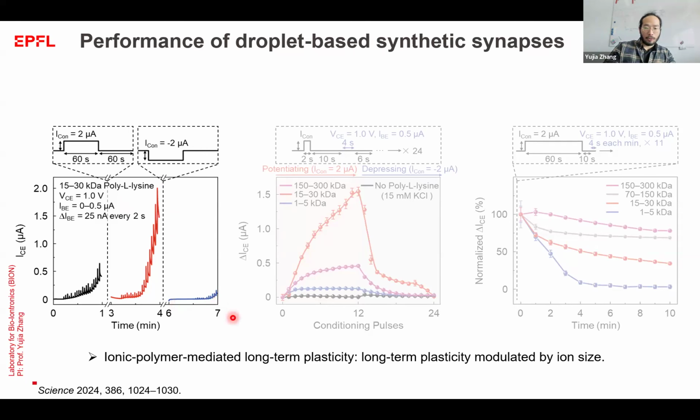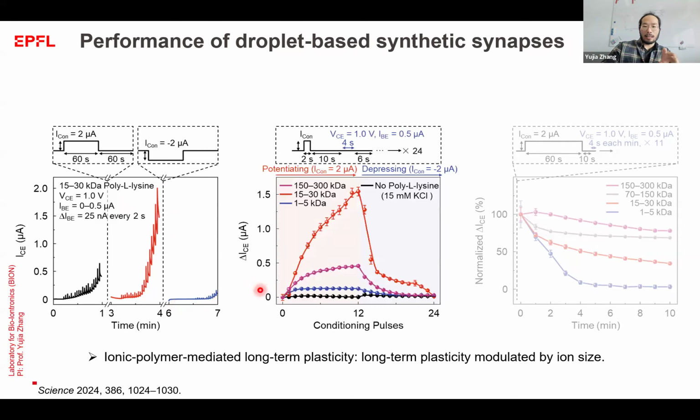The process is fully reversible, and it can be regulated by what polymer we use. Polylysine has different molecular weights, and we can use that to achieve a short-term memory resistance effect or a long-term memory resistance effect. As shown here, without using polylysine, let's just use some potassium chloride salt.